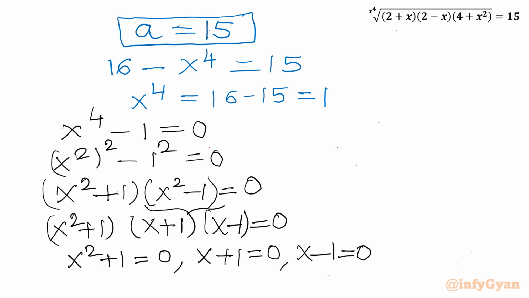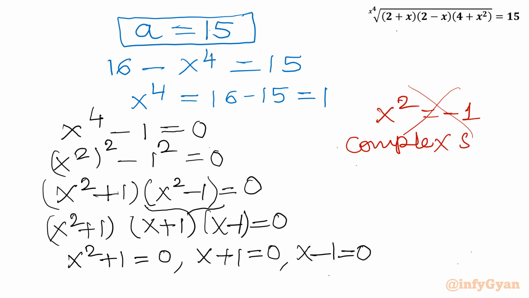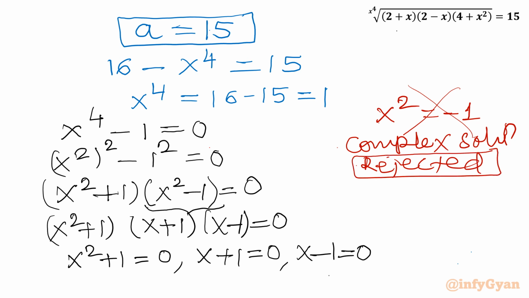Conclusion will be: x square is equal to minus 1. The square is negative. We will reject this because complex solutions will be generated. Complex solutions, so rejected. Now from the second equation, from this one, we will get a real solution, and from here also we will get real solutions.